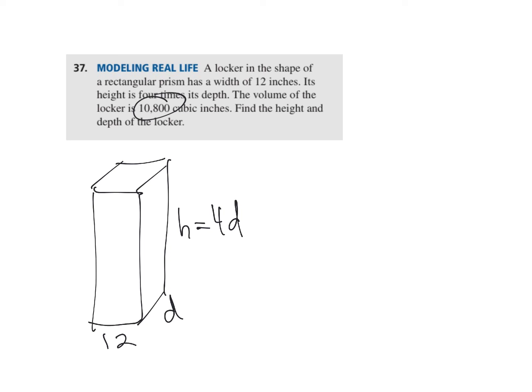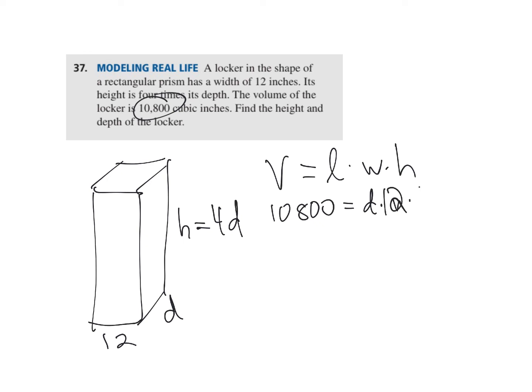Okay, so now our volume of a prism is going to be your length times your width times your height. So the volume is 10,800. The length is d, the width is 12, and the height is 4d. So this is going to be 48d squared.